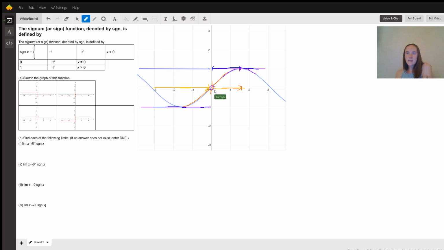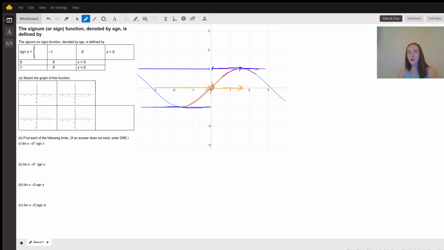But the interesting thing about limits is it doesn't really matter if the function has a hole. We're interested in what it's approaching, not what it is. And if we're looking at what the absolute value is approaching as x approaches 0, it's approaching 1 from both the negative and the positive directions.